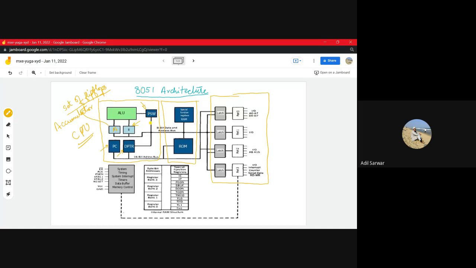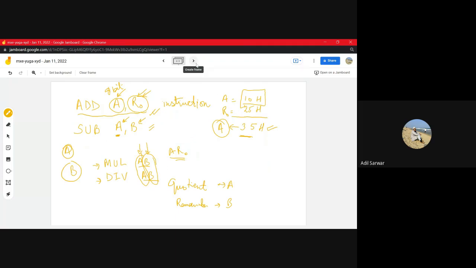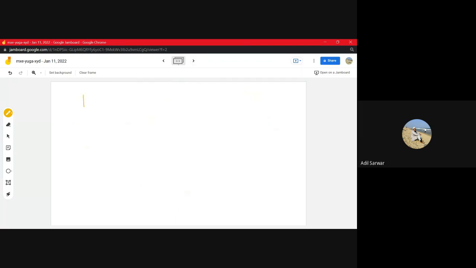Let's start from program status word. PSW. So this is one of the SFRs which is available in 8051.